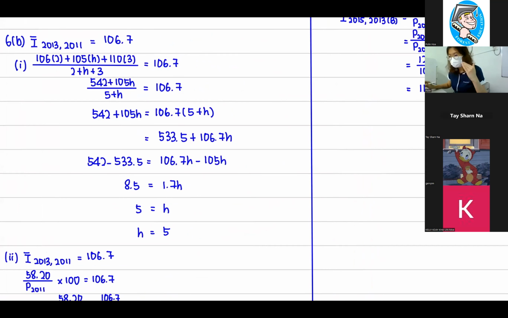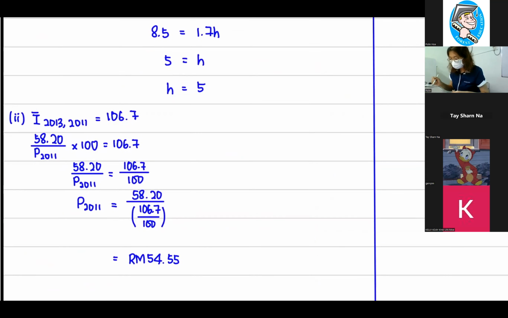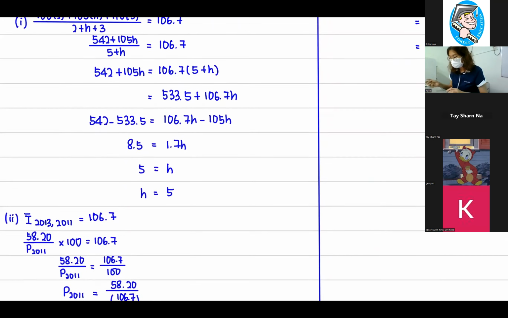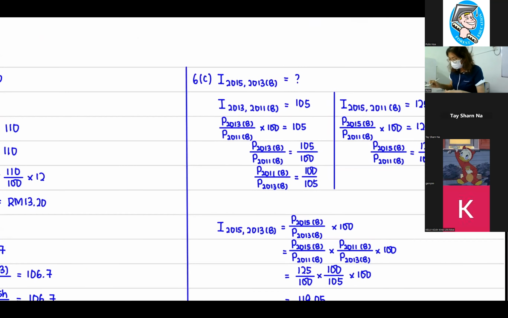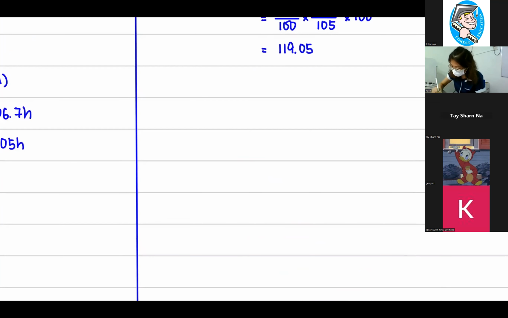Okay, so if you can get the answer for H, then no problem. For part B, part 2, you can do this about the price of material B. This is also the leap method. Want to try and see? Because this is the difficult part. 2011, 2013, 2015, let's try.